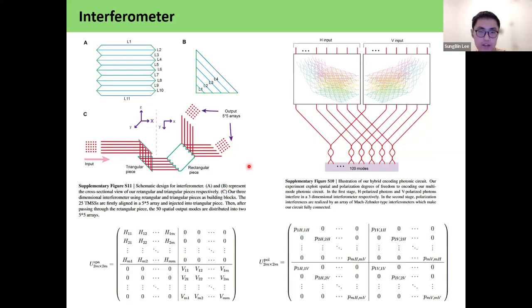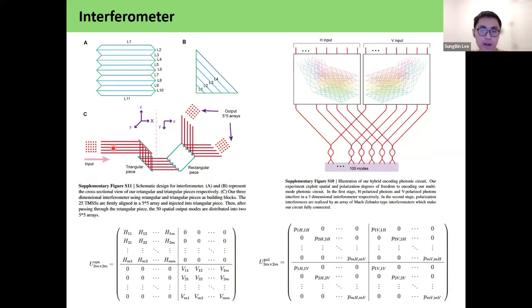That's what they first did. They first input the states given here, and you go to this triangular piece given as B, and a rectangular piece given as this A figure. Then you can split the single TMSS into two different single photon states.